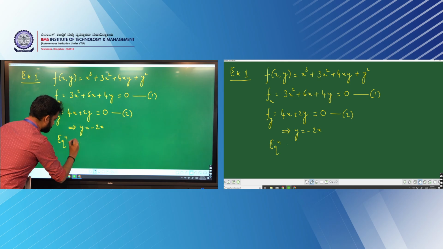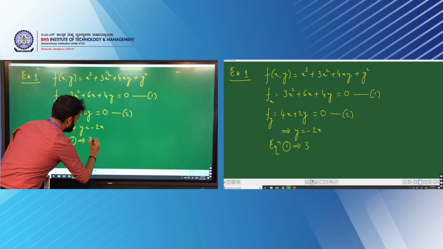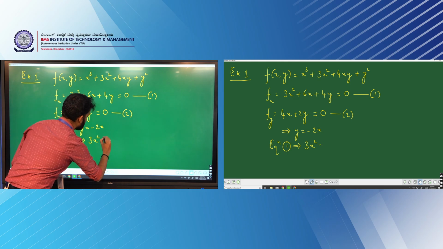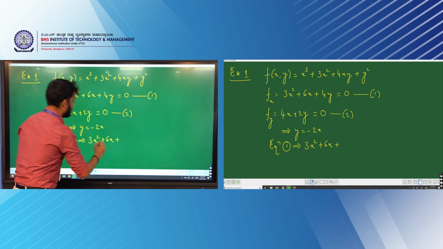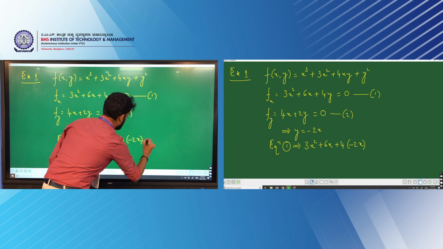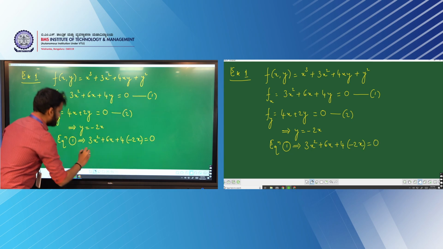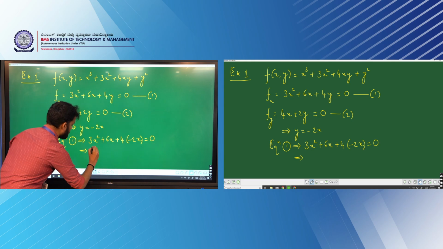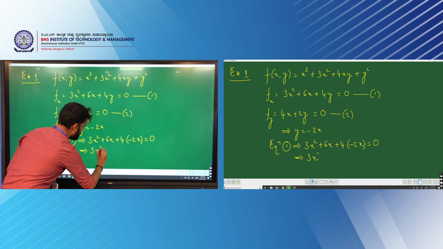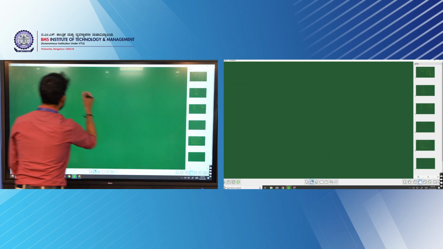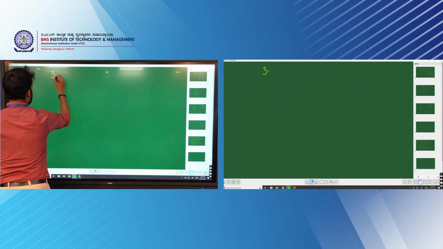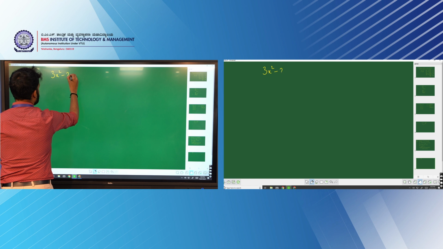Substituting in equation 1, you get 3x square plus 6x plus 4 into minus 2x is equal to 0. When I simplify this further, I'll get 3x square minus 2x is equal to 0.